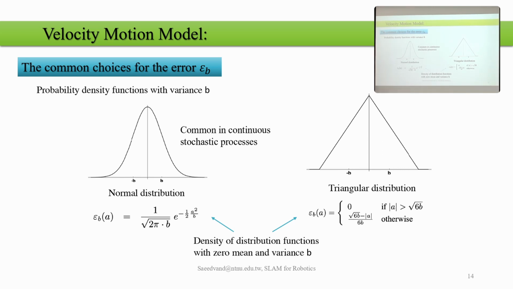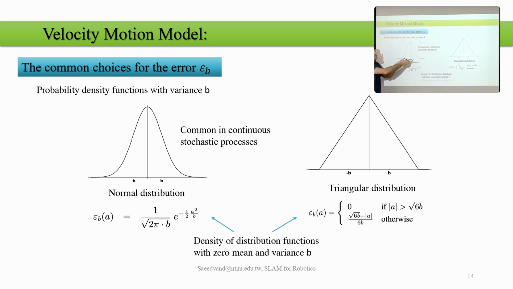If we want to add the error to the system in probability form, that's very simple. You can use, for example, a normal distribution with zero mean. Zero mean means we don't care about the mean but the variance: the bigger it is, the bigger my error is, and the smaller it is, the more my error shrinks.